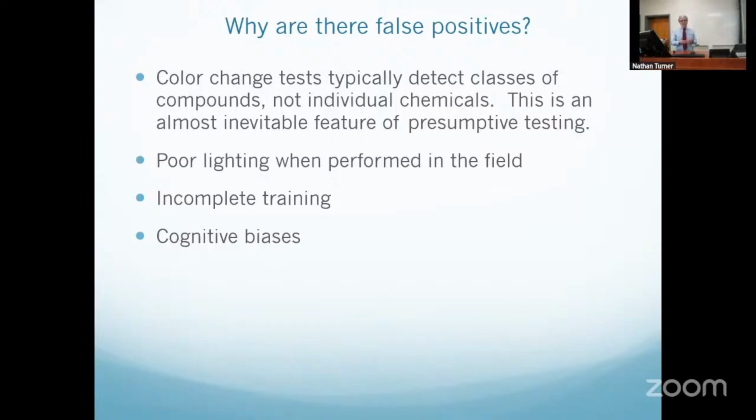Certainly, if you have police officers doing tests, I'm not criticizing police officers, but they're not trained to be chemists. And they're not trained to think, oh my God, my kit is expired. Maybe it doesn't work anymore, or things like that. So I think incomplete training, and I would also say cognitive biases, either conscious or subconscious biases of people giving the test, is not something that I would dismiss lightly as a source of problems for why we see so many false positives in these cases.